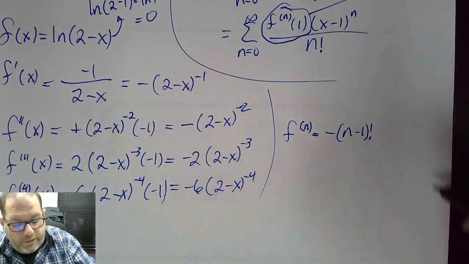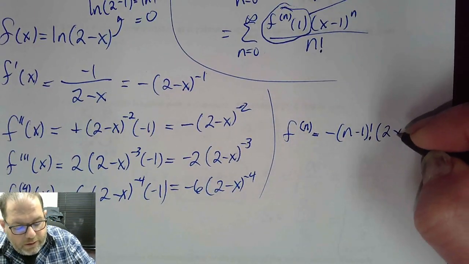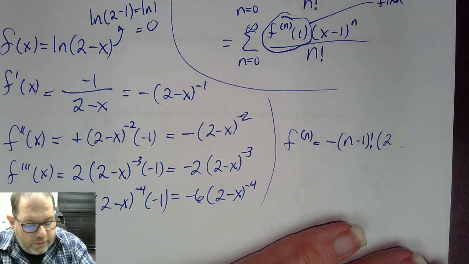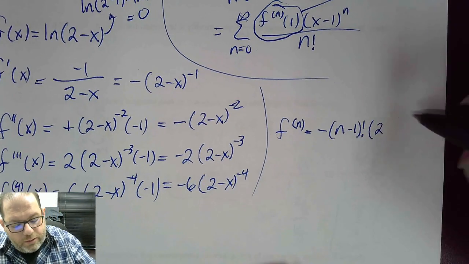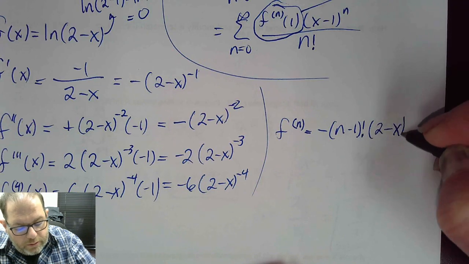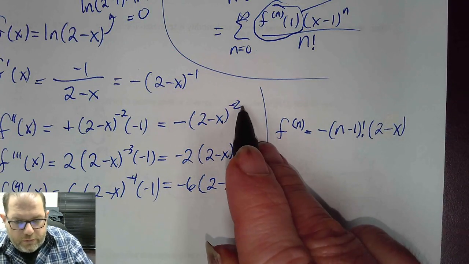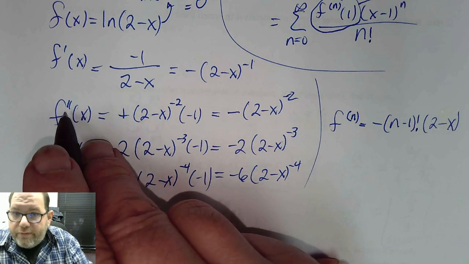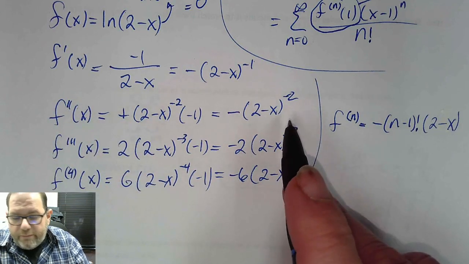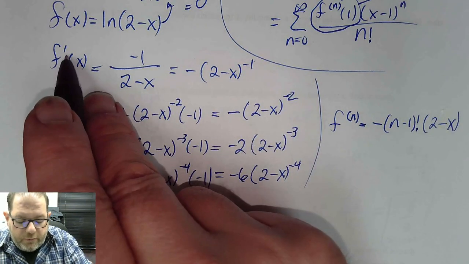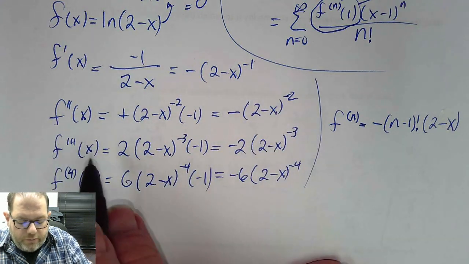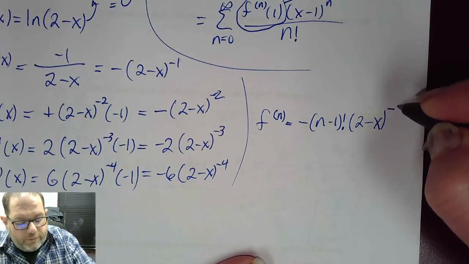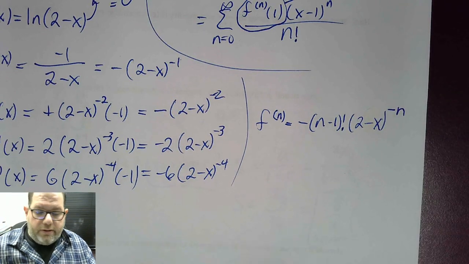And then we see 2 minus x appears, and the exponent on that term is the same as the number of derivatives that we've been taking, except it's negative. So we'll say, okay, 1, negative 1, 2, negative 2, 3, negative 3, 4, negative 4. So for the nth derivative, we expect it to be negative n.